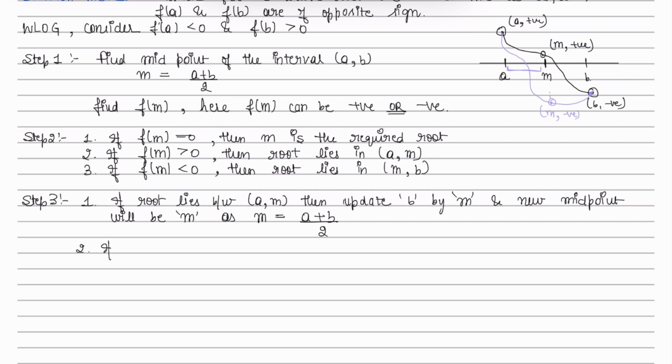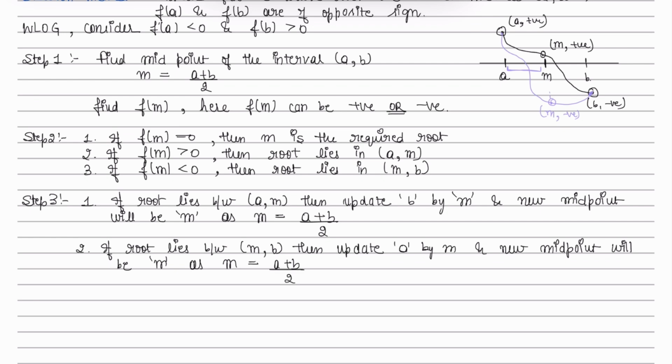And if the root lies between the interval m comma b, then we update a by m and the new midpoint will be m, as m is equal to a plus b by 2.